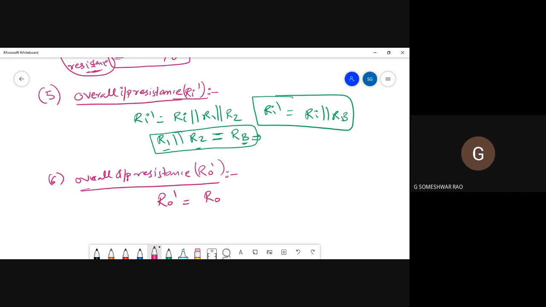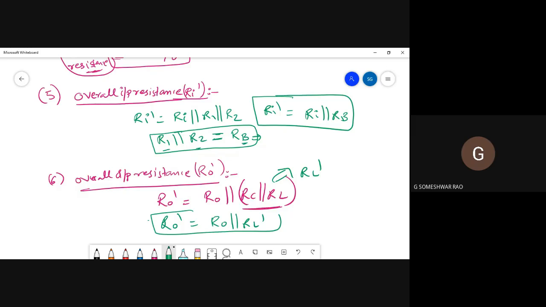Just now we said R0 in parallel to RC in parallel to RL. The moment you see RC in parallel to RL, we are going to replace it as RL dash. So R0 dash is equal to R0 in parallel to RL dash. I hope everybody is following. Shall I move further? Yes, sir.